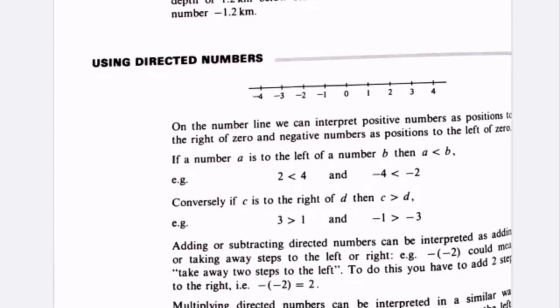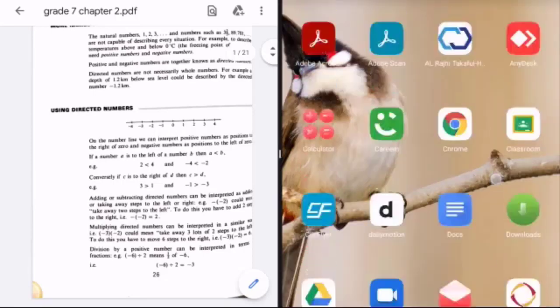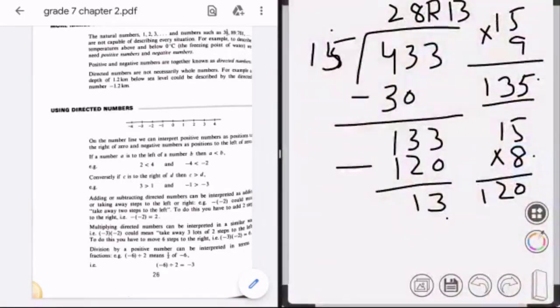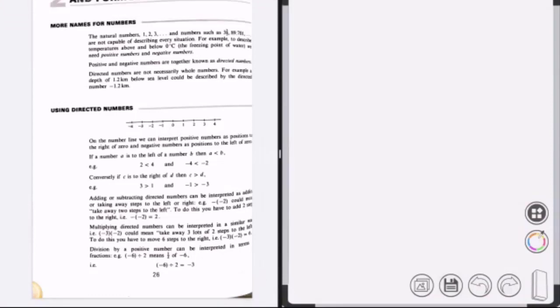See here, let me go to my board. It will be easy for us to explain on it. This is a number line. On the right side the numbers increase: 1, 2, 3, 4, and on the left side -1, -2, -3, -4. On the right side, 2 is lesser than 4, 1 is lesser than 4, 3 is lesser than 4.